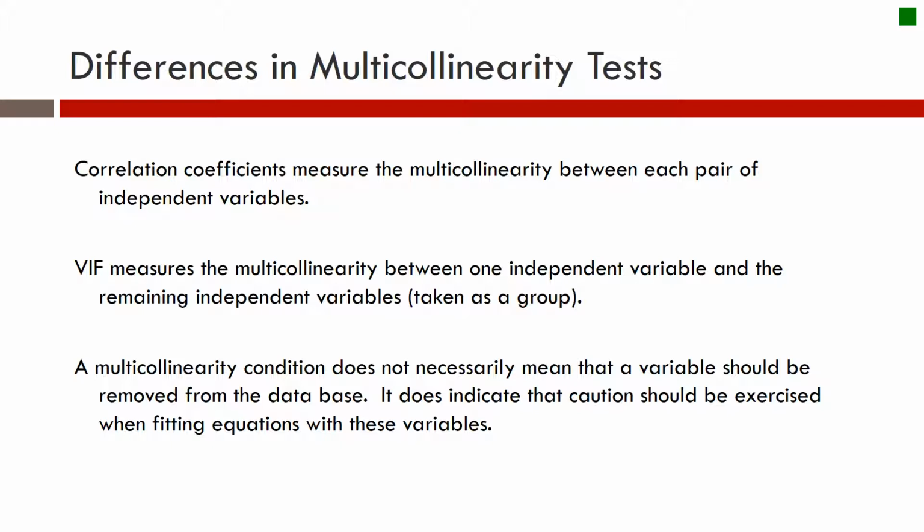So again, correlation coefficients measure multicollinearity between pairs of variables. VIF measures the multicollinearity between an independent variable and all of the other independent variables as a group. So it's a more powerful test than a simple correlation.